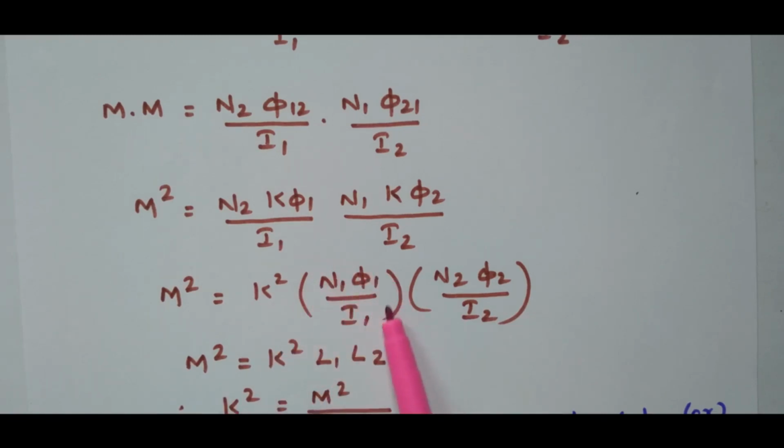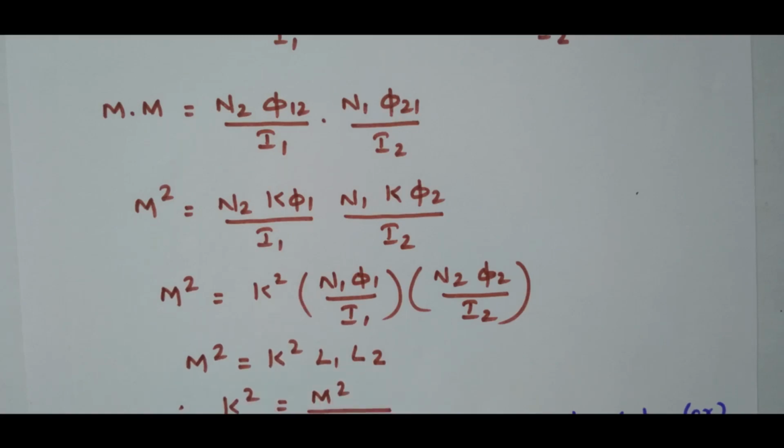What is this? This is nothing but the inductance of coil 1. N phi by I is the general formula, so that can be written as L1. N2 phi 2 by I2 can be written as L2, the self-inductance of the second coil. So M square equal to K square L1 L2.